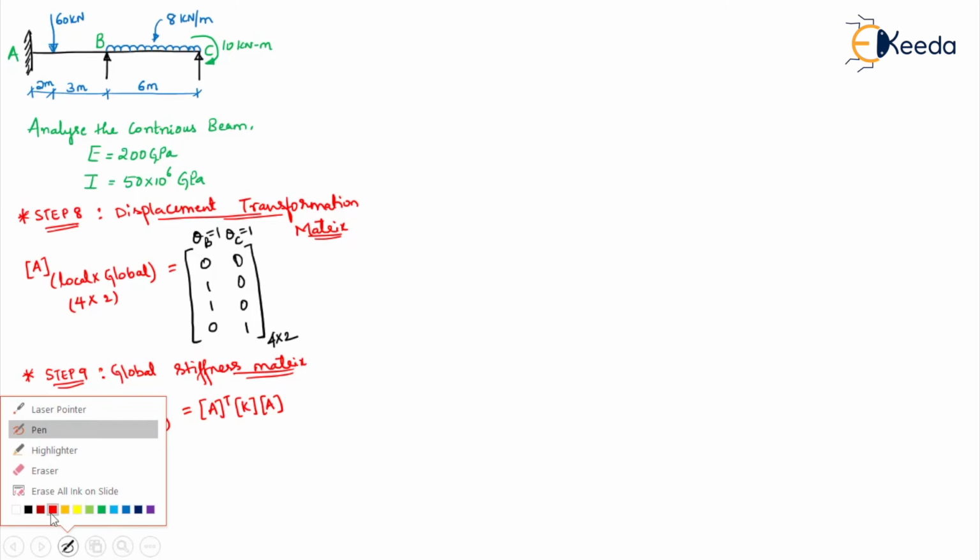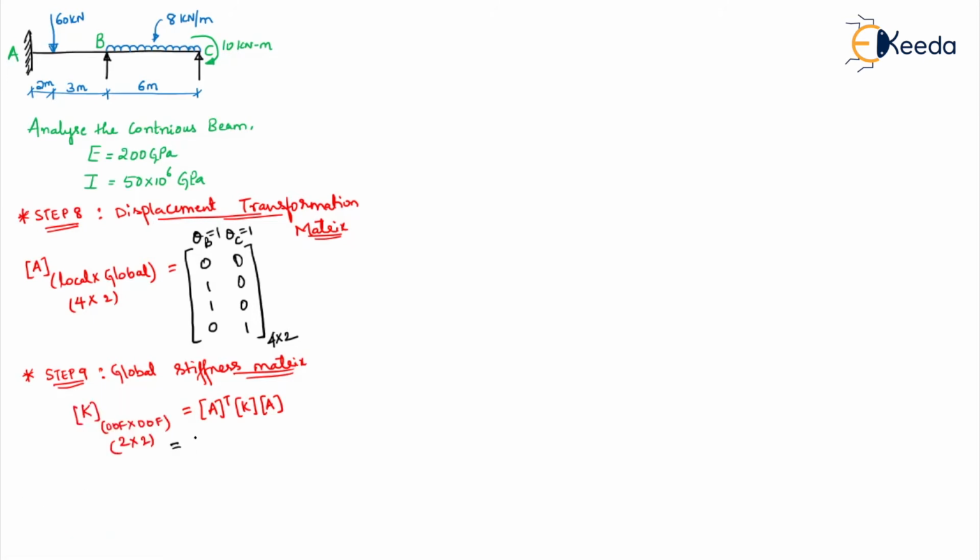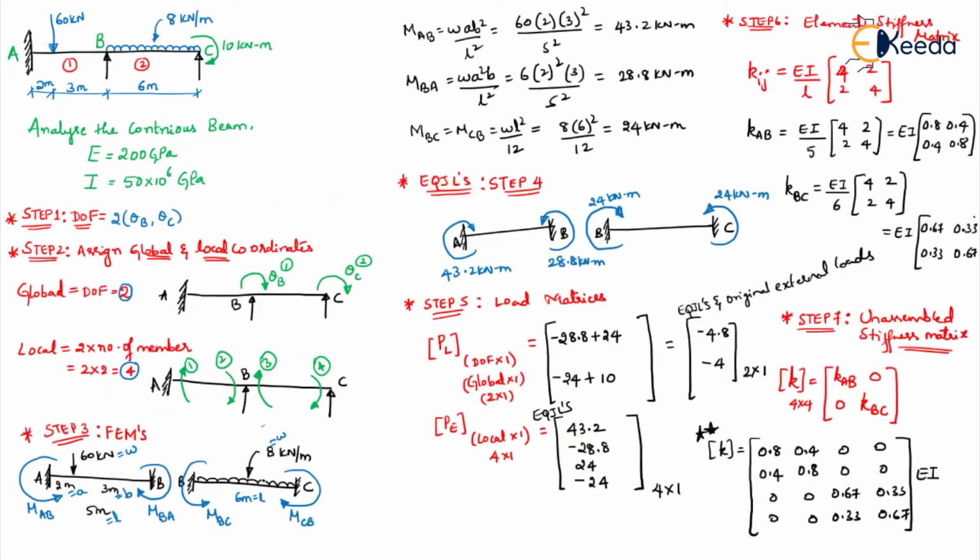So let's do the substitution. What is A transpose? You just change the rows into columns, and you will get your A transpose as [0 1 1 0; 0 0 0 1]. Okay, what is your K matrix? Let's check here.